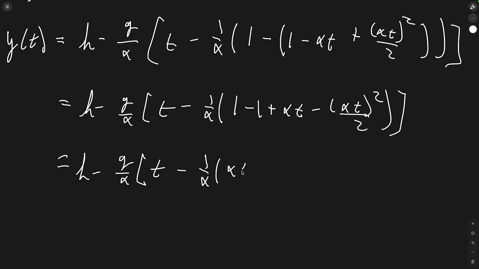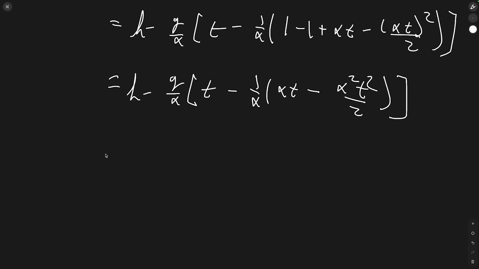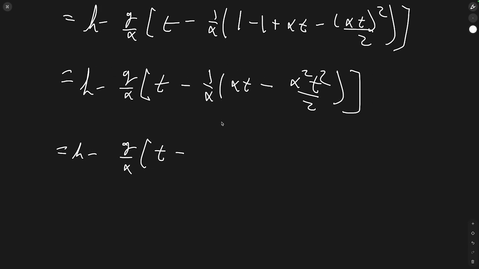So we have alpha t minus alpha squared t squared over 2. H minus g over alpha times t minus, this is just t, and then plus alpha squared over alpha is alpha t squared over 2.